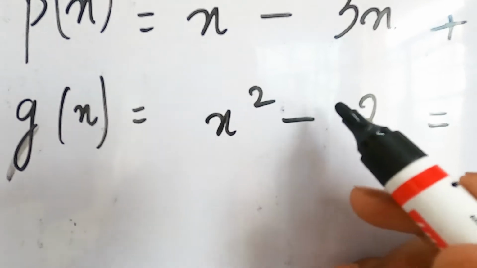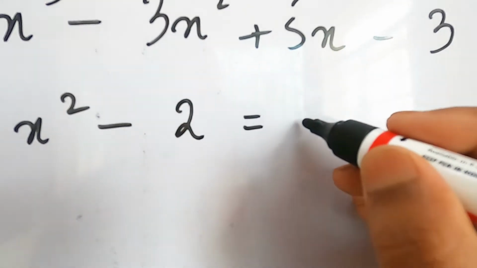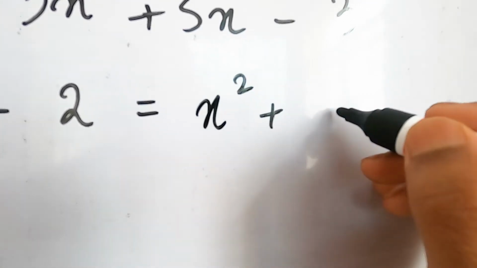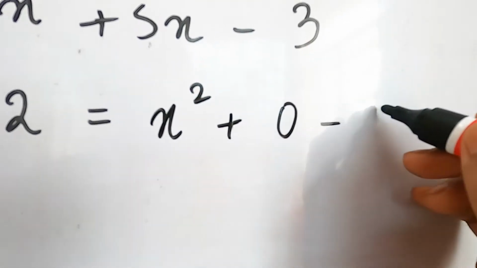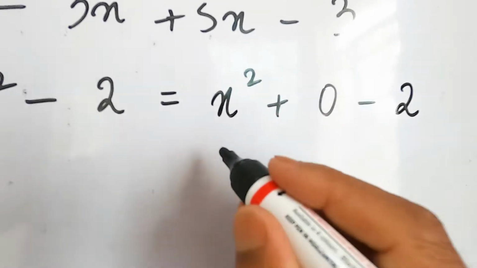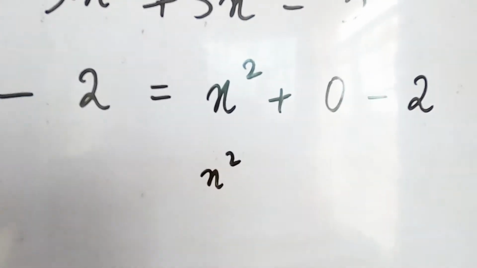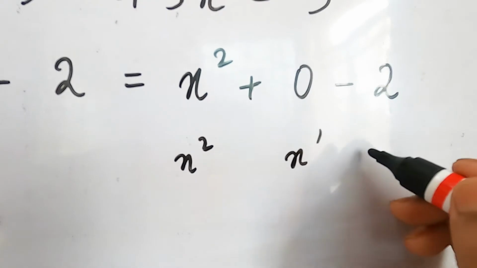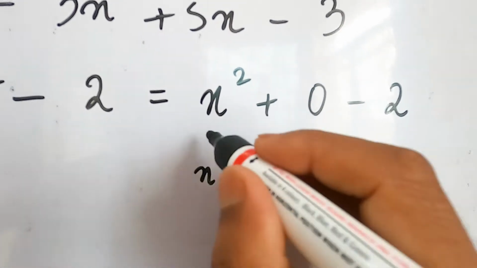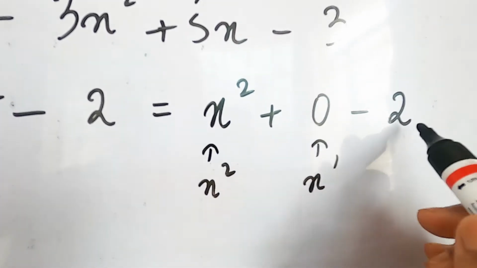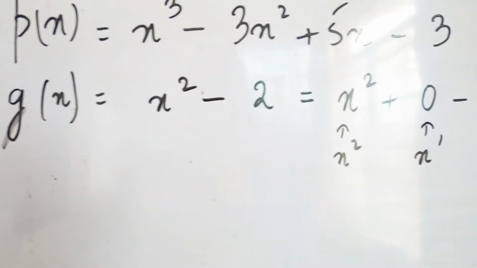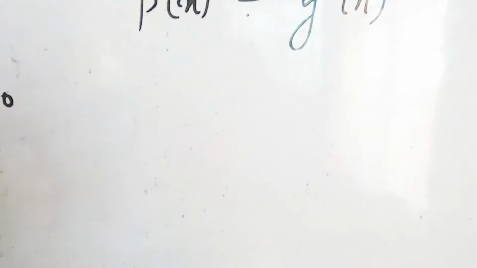But there is no x to the power of 1, so here we will simply write x squared plus 0 minus 2. So this is x to the power square, here will be x to the power 1, and here will be the constant term. This will make it easier for us while dividing p(x) by g(x).